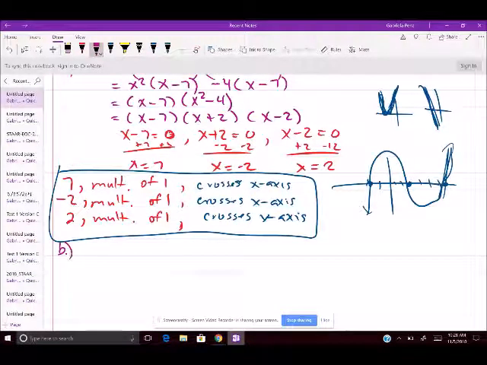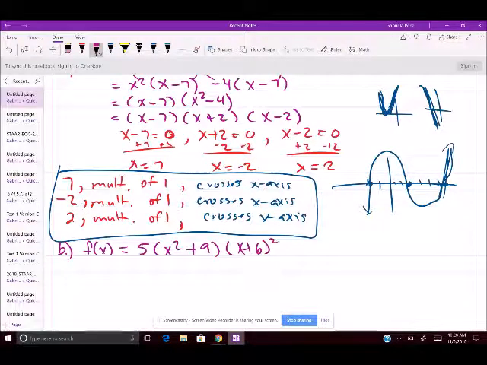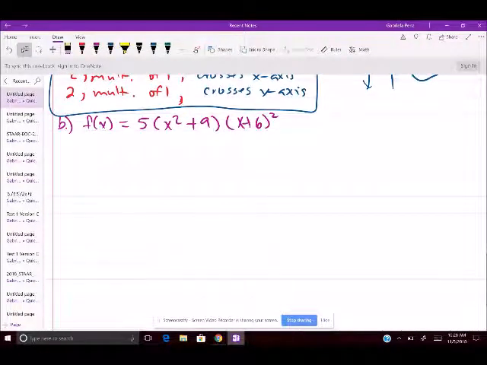Let's look at B. So for B, let's say we get this: f of x equals 5 times parentheses x squared plus 9, and x plus 6 squared. So let's look at this problem. And I think one of your problems on your worksheet is going to be like this one.